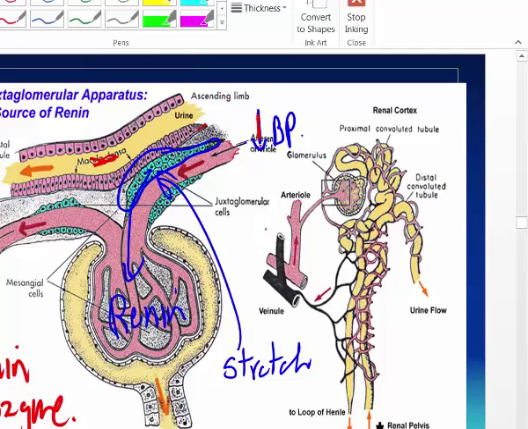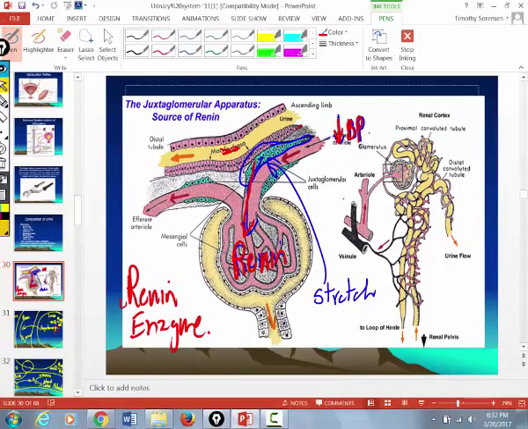Ready? When the kidney senses a drop in systolic blood pressure, juxtaglomerular cells release into the blood the enzyme renin. Now watch. Why was renin released? Because your blood pressure drops. So what do you think renin is going to do? It's going to try to raise your blood pressure.